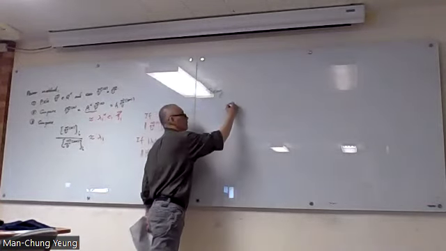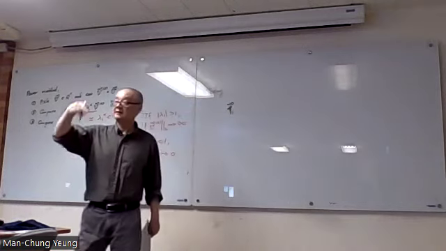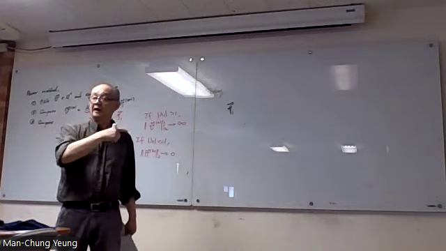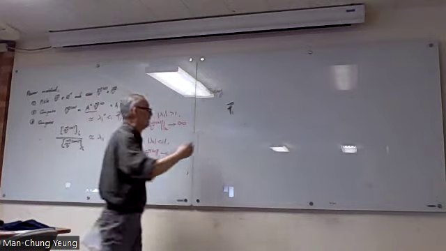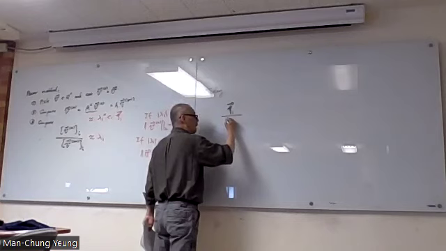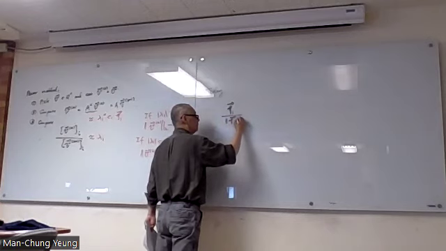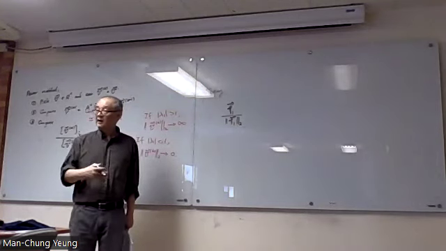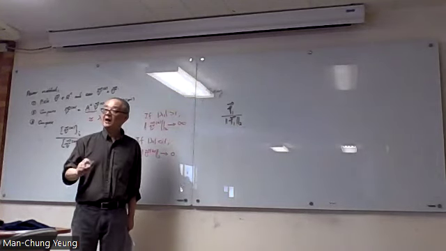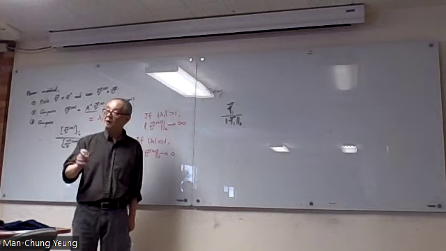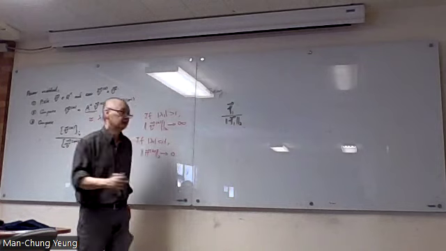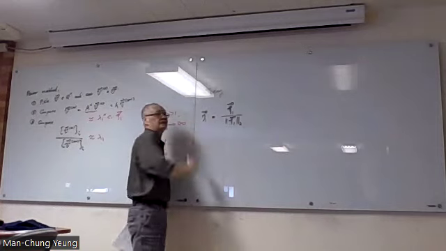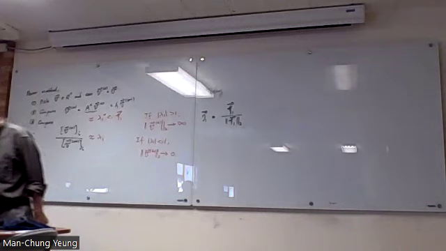Psi 1 is the dominant eigenvector. Let me normalize it: divide it by its length. An eigenvector divided or multiplied by a number is still an eigenvector. Let me denote it by eta 1. I want to find eta 1.